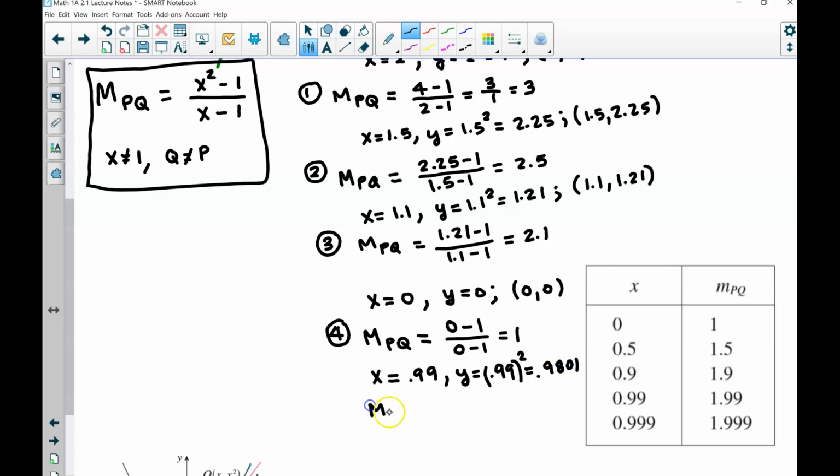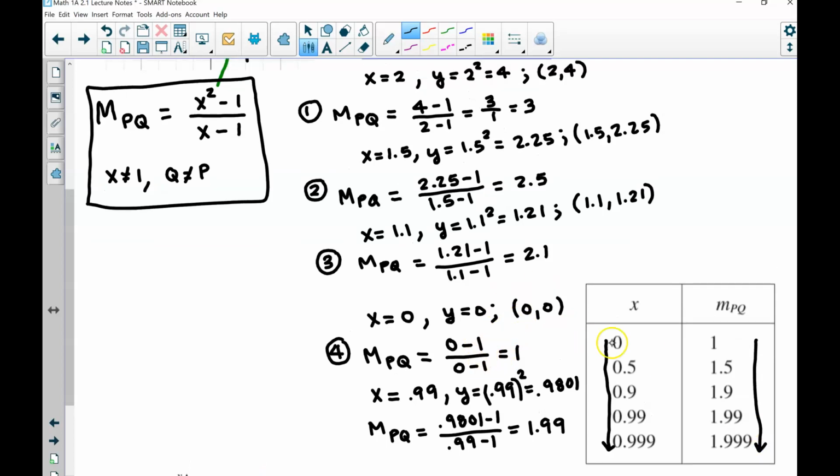Finding the slope of that, you get 0.9801 minus 1 over 0.99 minus 1, and that's going to give you a slope of 1.99. So what it's saying is that as x starts at 0 and gets closer and closer to the value of 1 on the left side, the slope eventually becomes 2.